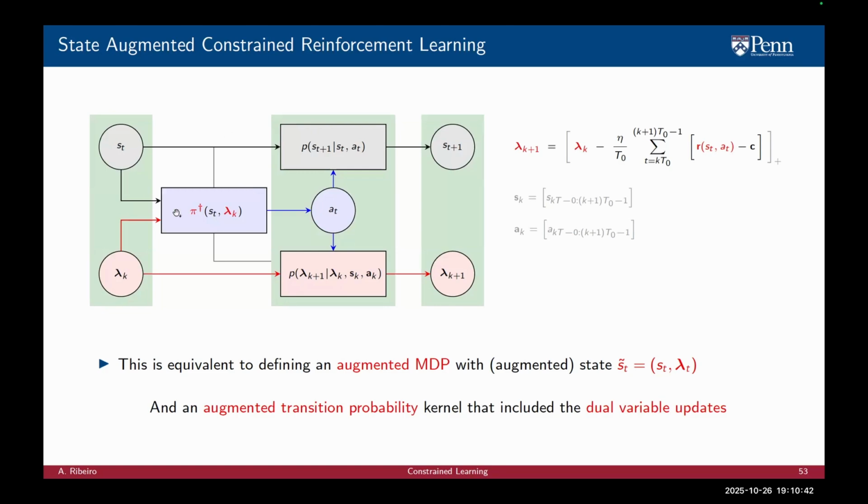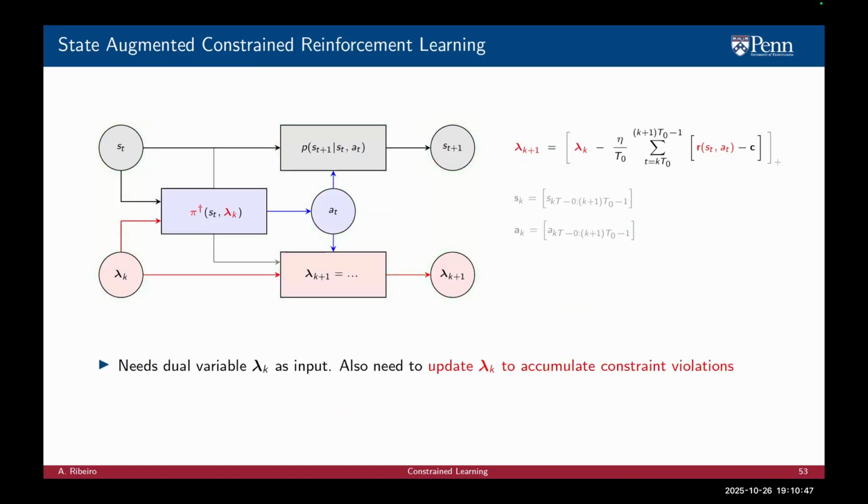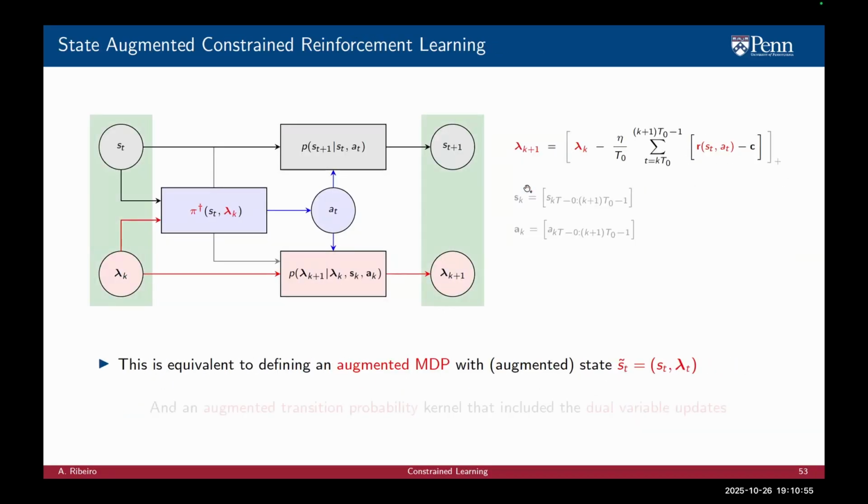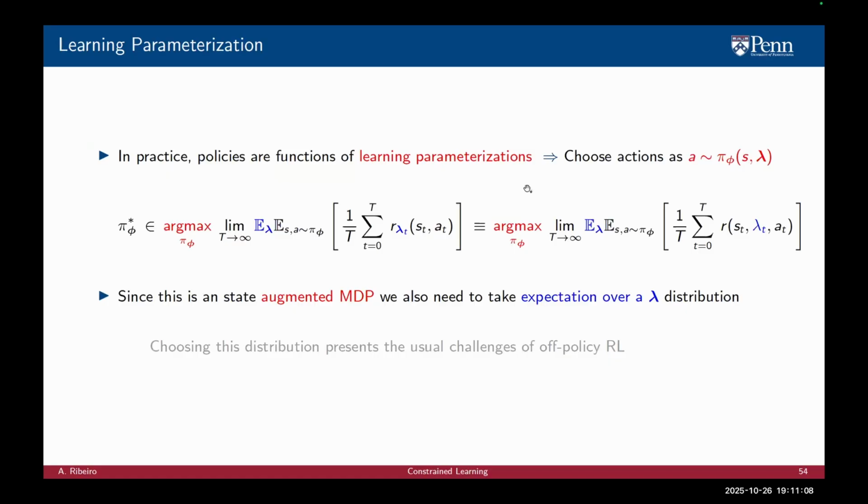Because now I can apply the theorem that I proved before, and since I am generating this sequence of policies, the recursive application of this diagram will give you a solution of the constrained reinforcement learning problem. Of course, we still need to introduce a parameterization.